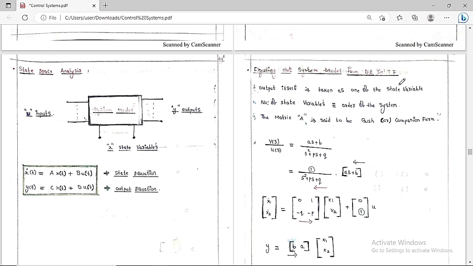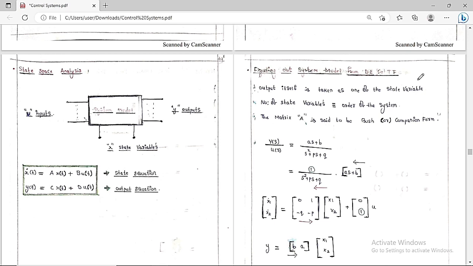The matrix A is said to be in the Bush form or the companion form.